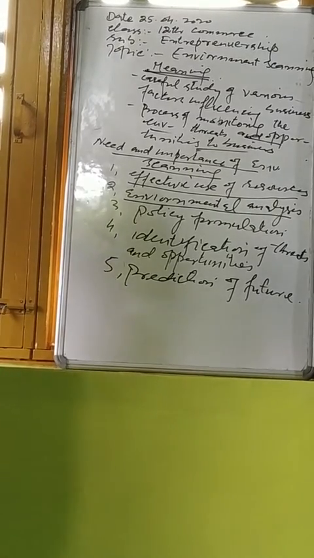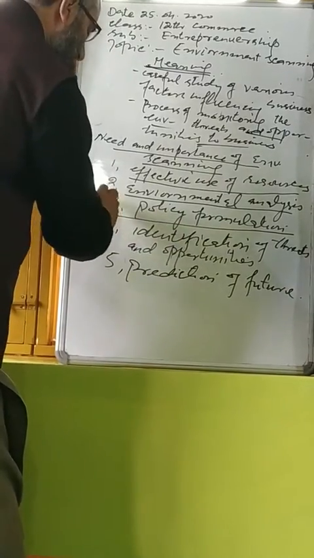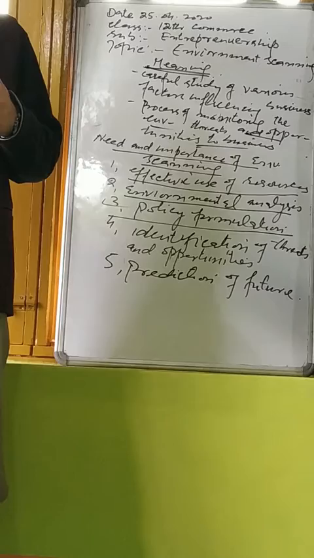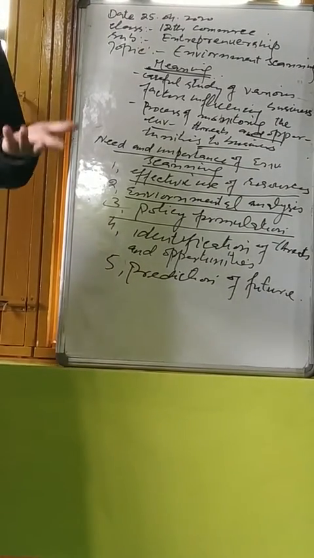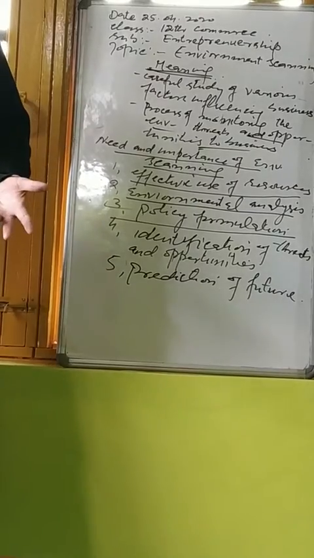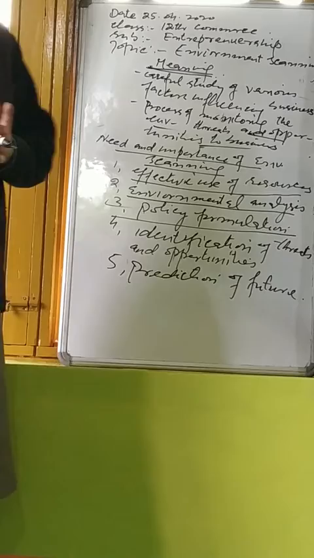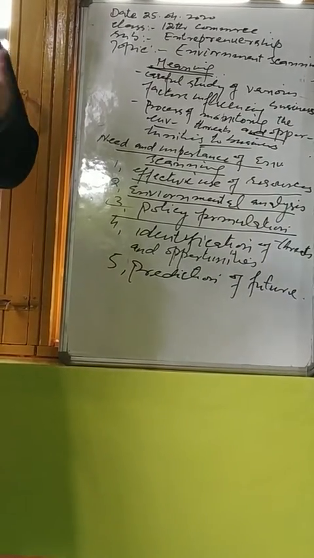Then next is policy formulation. When an entrepreneur has to set up an enterprise in a particular place, he has so many parties related to his enterprise. There are customers, there are lenders, there is government, there are suppliers.